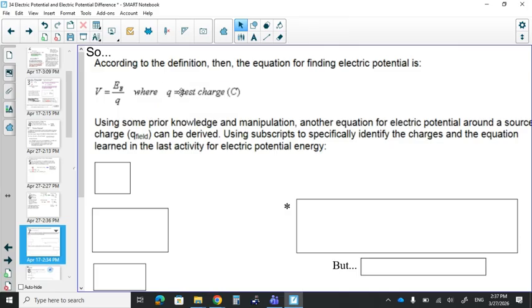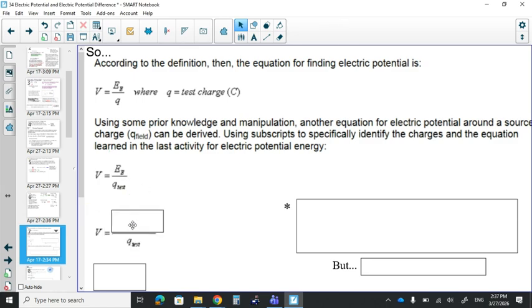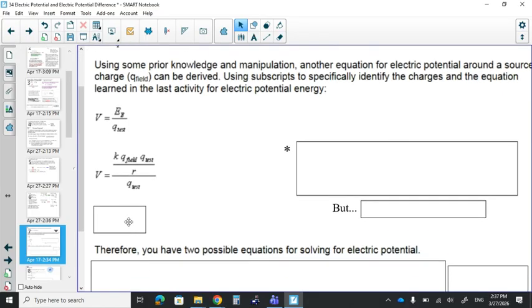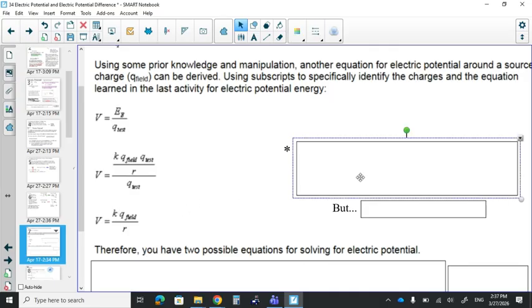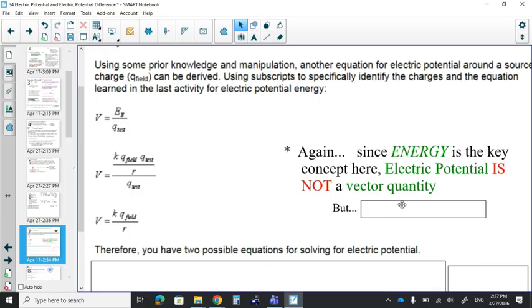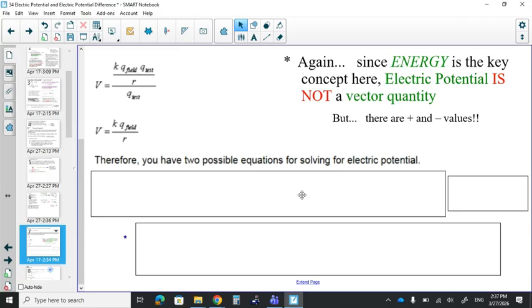So we have this potential. Electric potential is electric potential energy per charge, and repeating here, of course, kQ over r, so that test charge is canceling out, and it's kQ over r like we had. Again, we have plus or minuses, but it's not truly a vector.